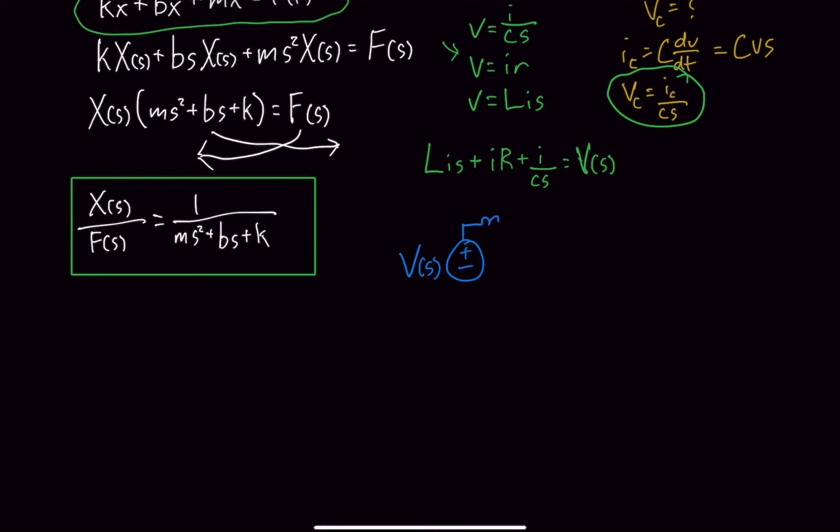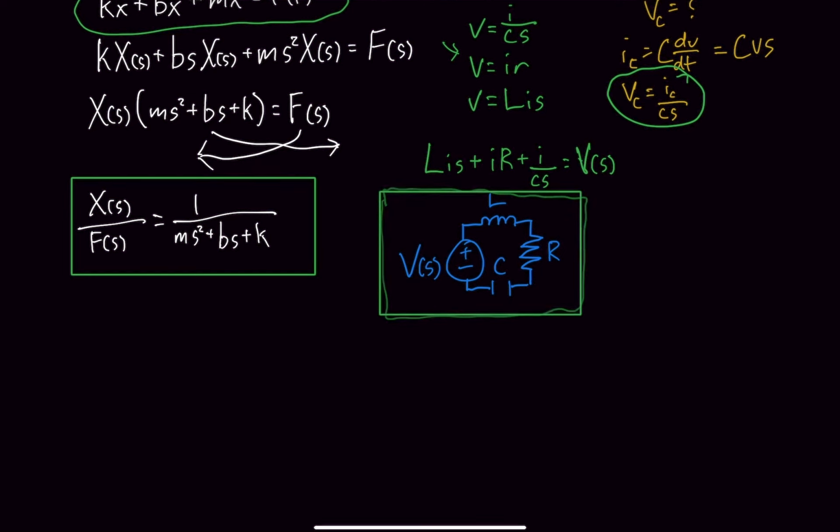Let's go ahead and go through our inductor, L. Let's go through our resistor, R. Let's go through our capacitor, C. This is our equivalent circuit.